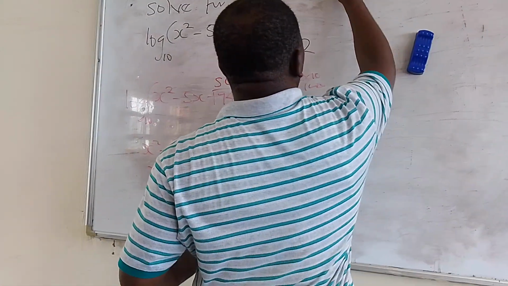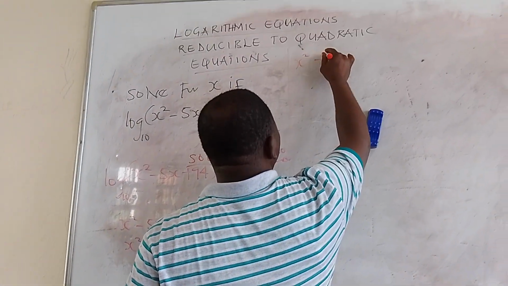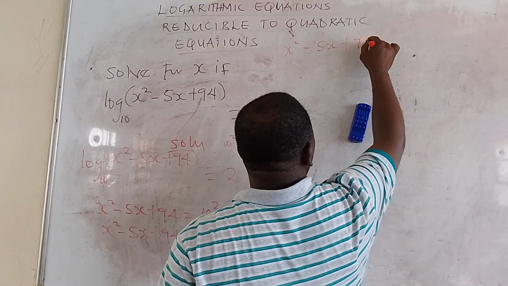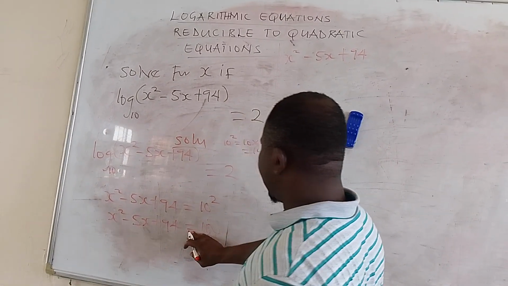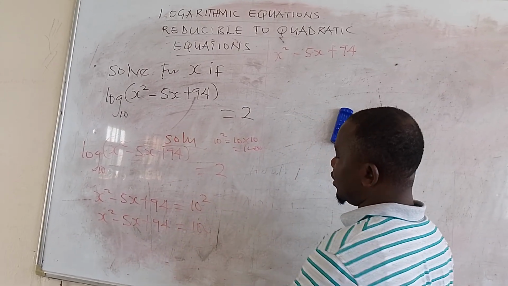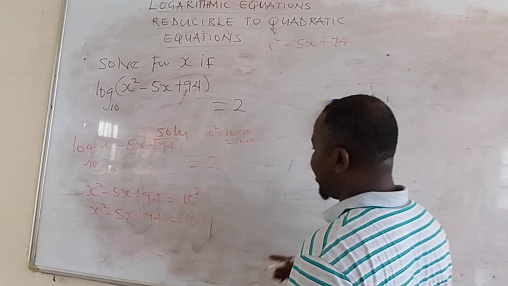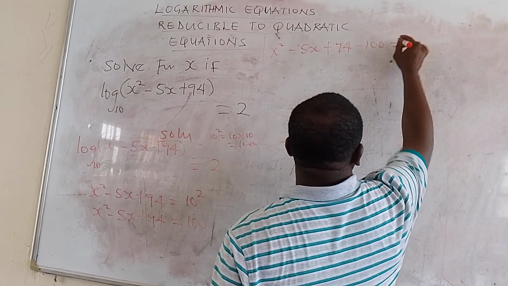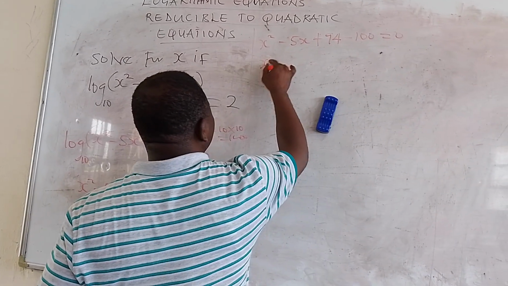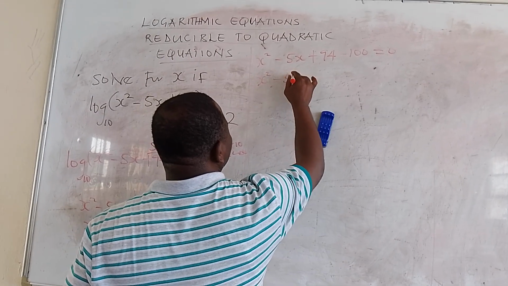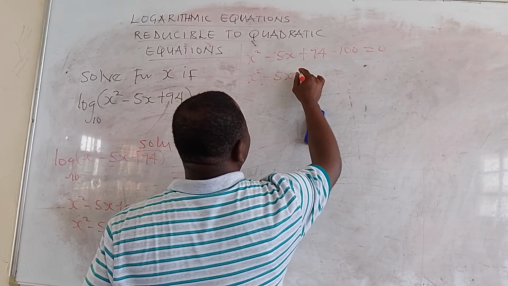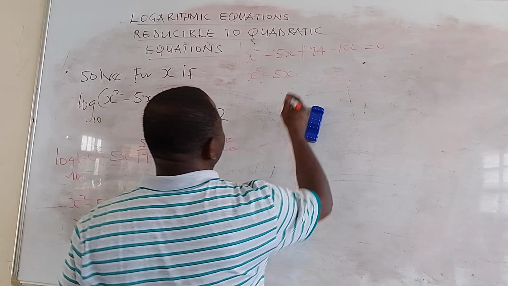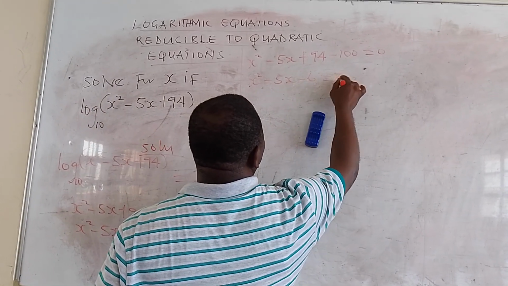So our x squared minus 5x plus 94, if 100 crosses the sign of equality, on the left hand side it will be minus 100 equals what? 0. So our x squared minus 5x plus 94 minus 100, which gives us minus 6, equals 0.